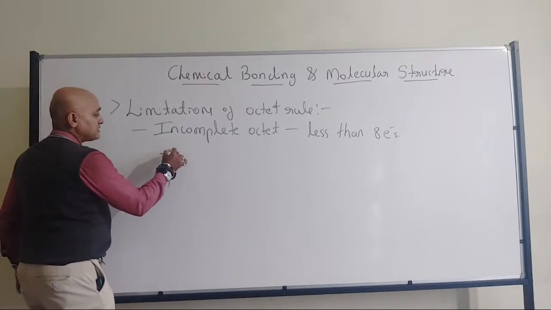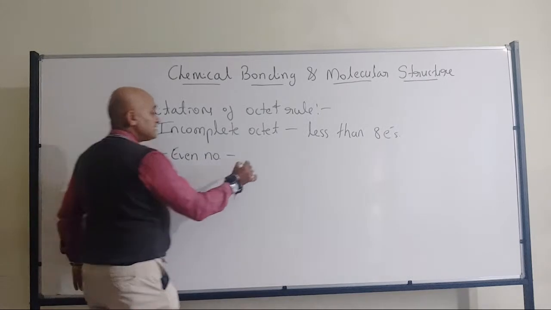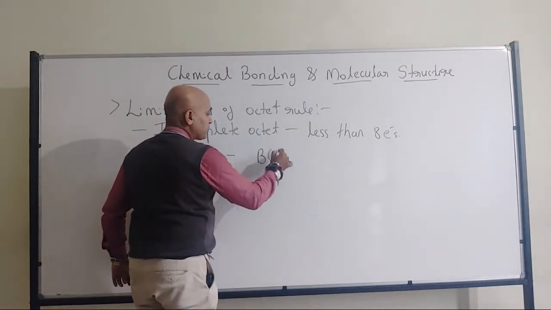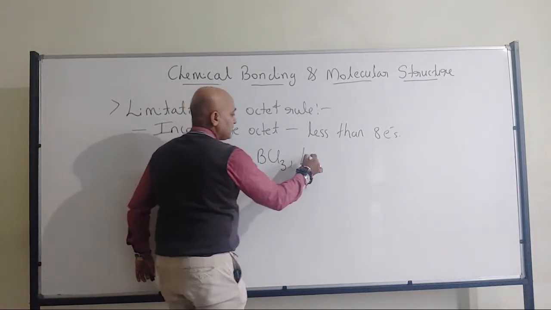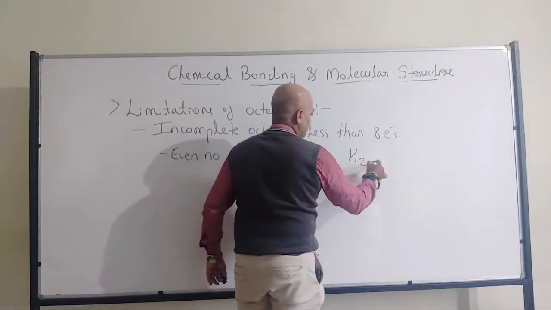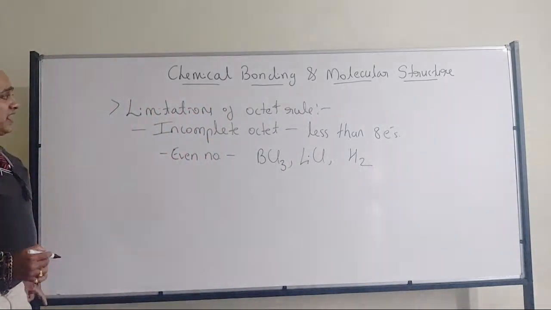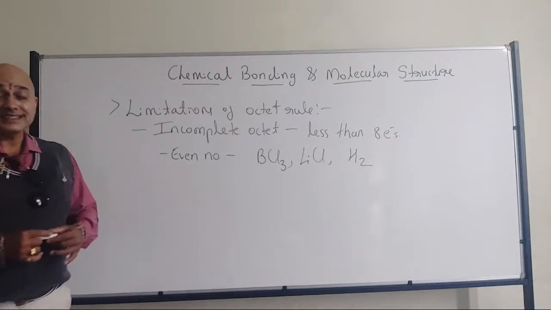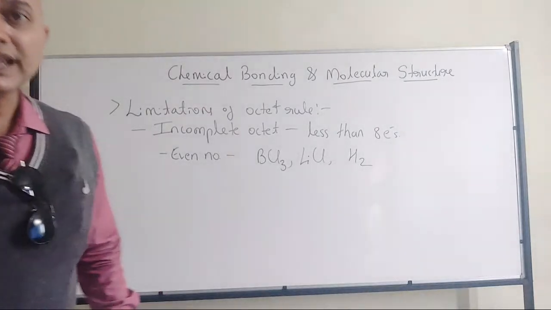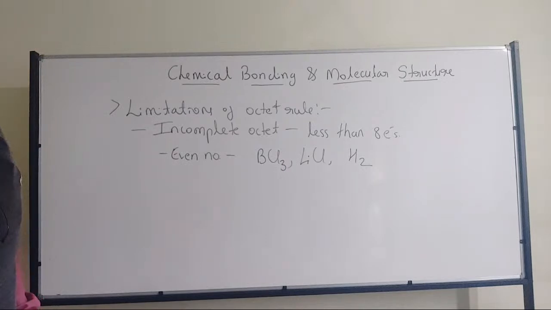In that we have discussed about even number. So we have discussed about boron trichloride, lithium chloride, then hydrogen gas, etc. That's why we have incomplete octet, where less than 8 electrons in any one element or both the elements, and that's why it can be even number category, where we have BCl3, lithium chloride, hydrogen.